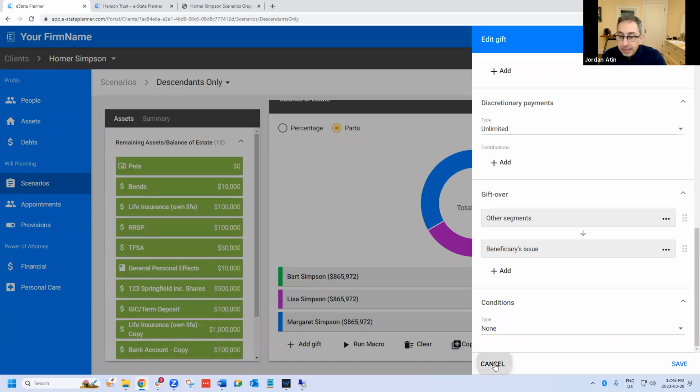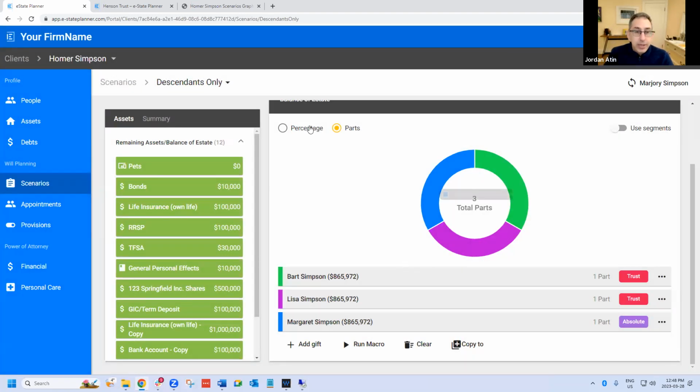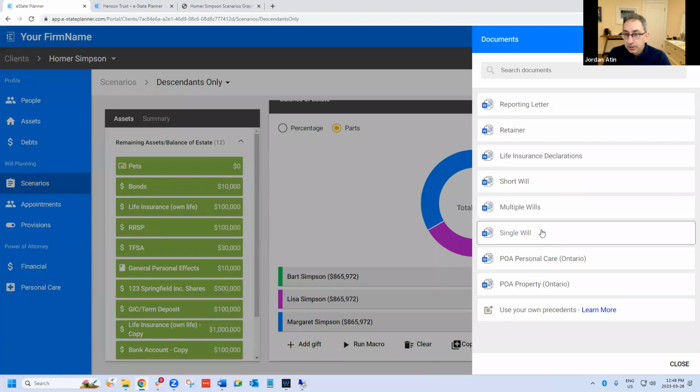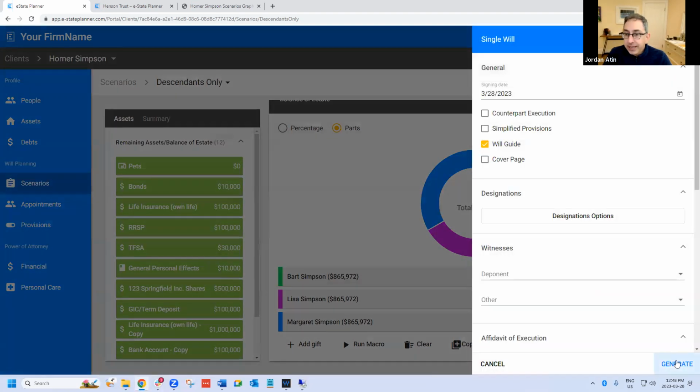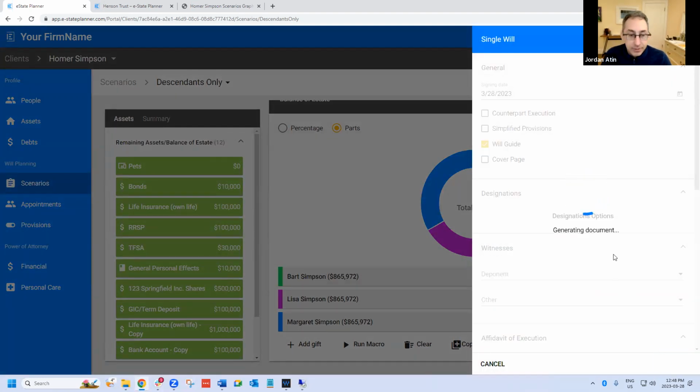Whenever you create more than one, let me just generate a document. Let's just do a single will here. The whole idea of floating shares is in the opening of the residue. It's going to say, divide the residue into as many equal shares as is necessary.